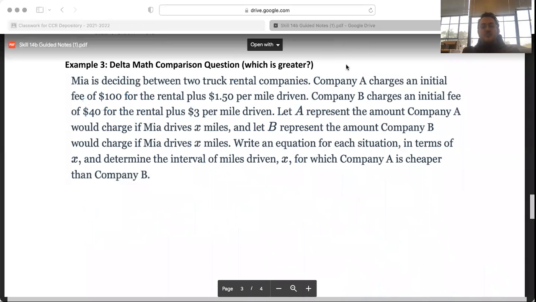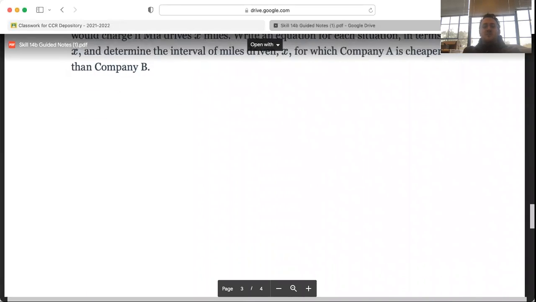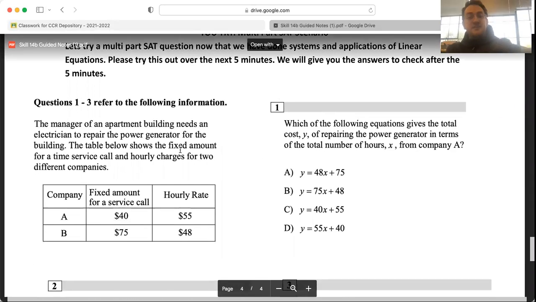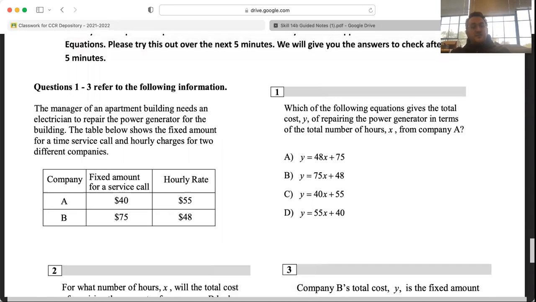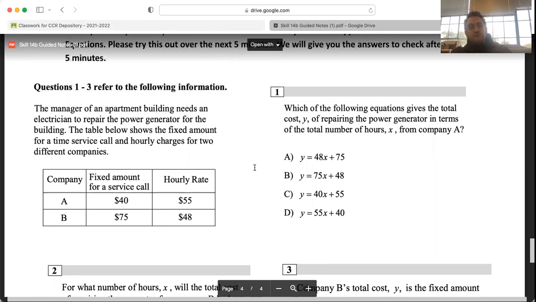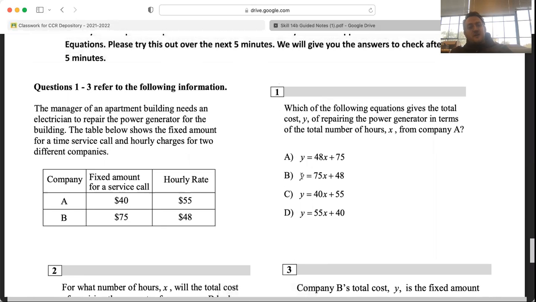All right, I'm just going to explain the rest of these problems. So for your Try today, what we're going to give you is a very similar situation to what I had above. And this is what you're going to see on the SAT. They're actually going to use the same data set for 3 questions. So maybe they give you, what's the equation for company A?